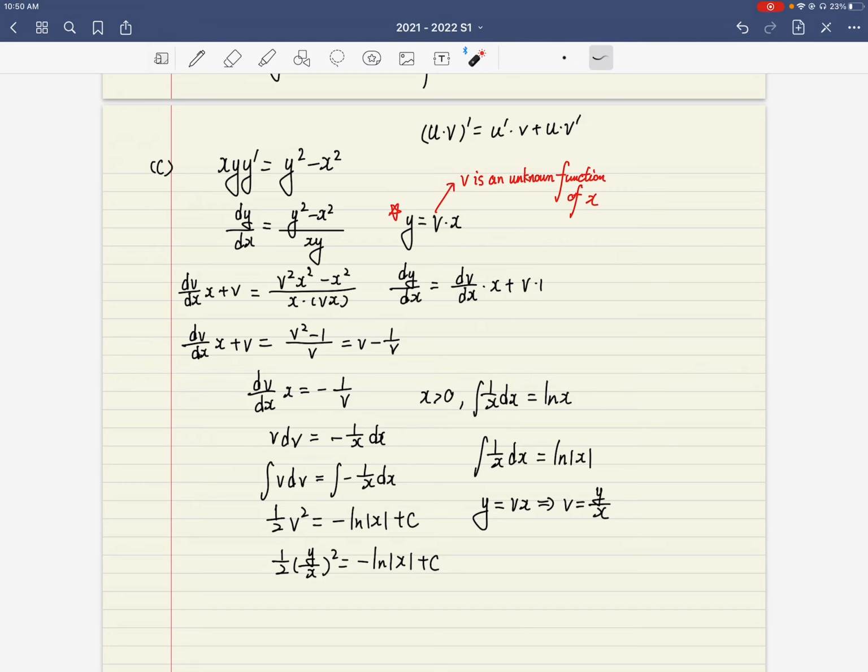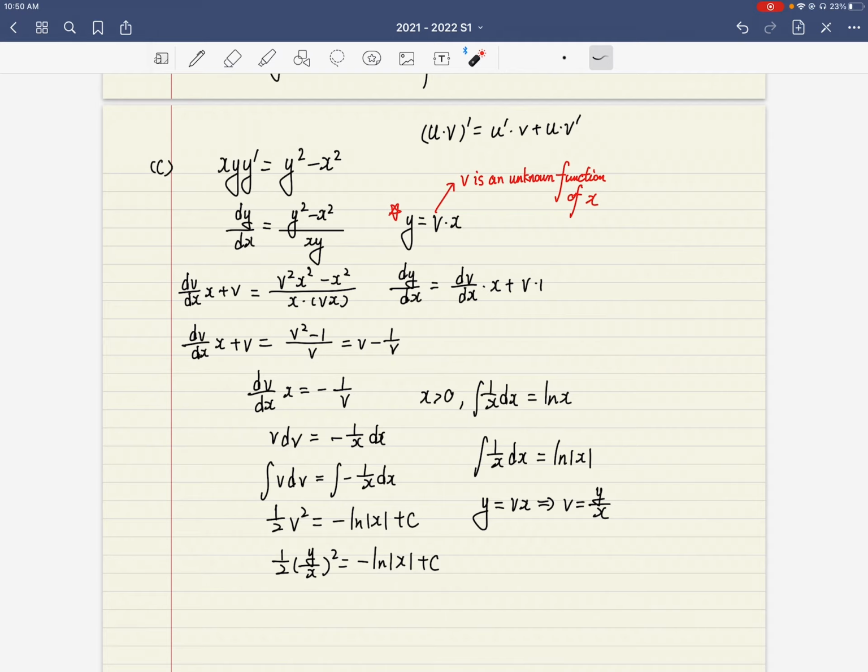Okay, in summary, first you have to identify this ODE. You have to realize it's a homogeneous ODE. Then you use y is equal to vx, and then do all the work. After you do this standard substitution, you'll get a separable ODE, and then you solve that, and last step, just sub y back.